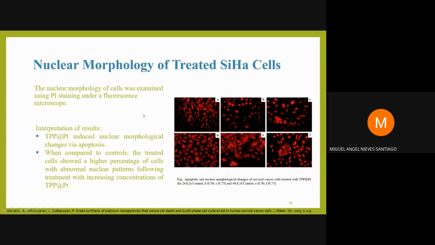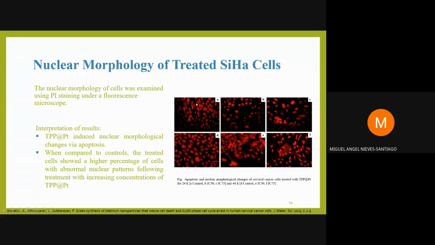The nuclear morphology of cells was examined using PI staining under a fluorescence microscope. The fluorescence microscopic images of the nanoparticle-treated and untreated cells are shown in the figure. To make it a little more clear, I will explain what it is.